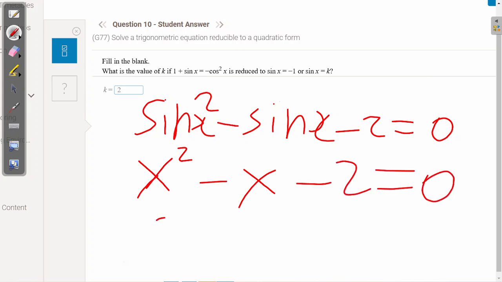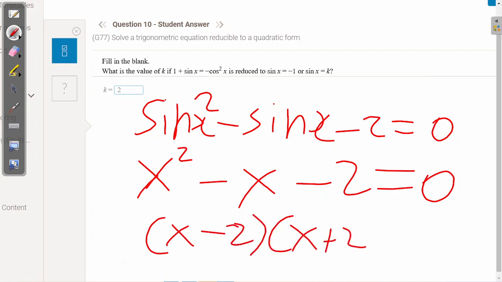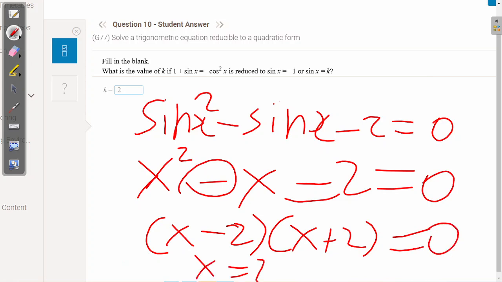You can factor this again: x minus 2, x plus 1. Oh, this is supposed to be 1, sorry. So x equals 2 or x equals negative 1. They put here negative 1, so you just put the 2.